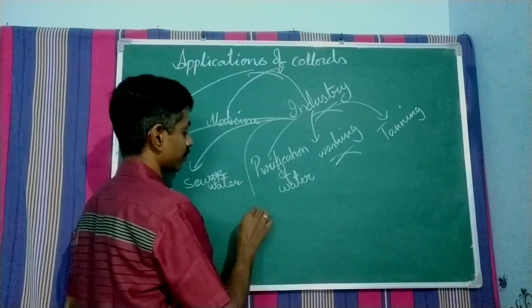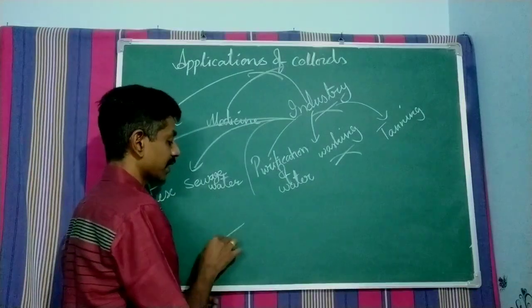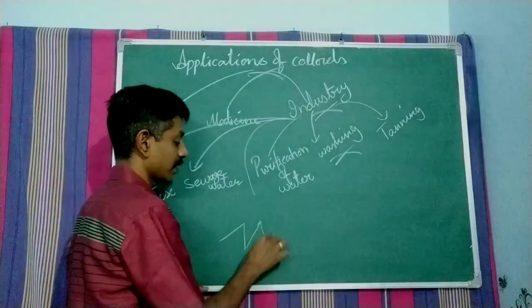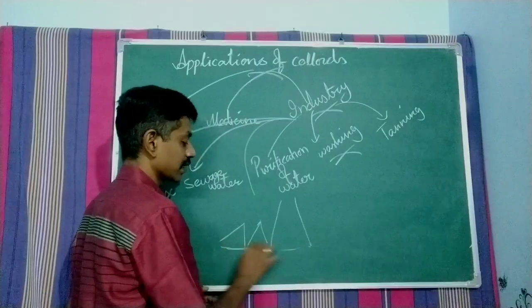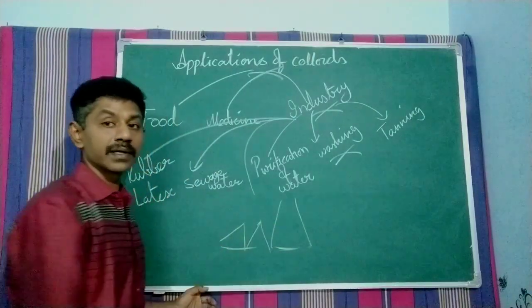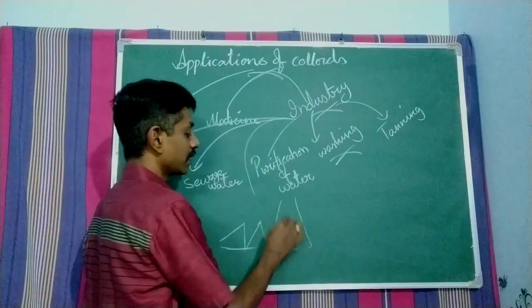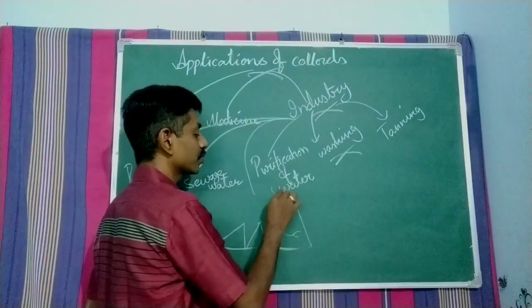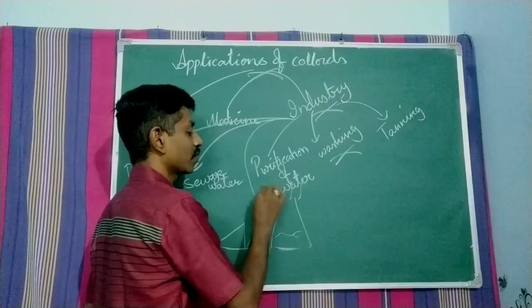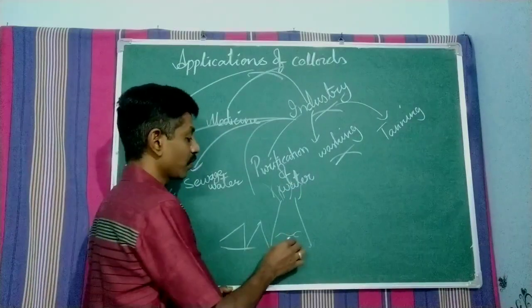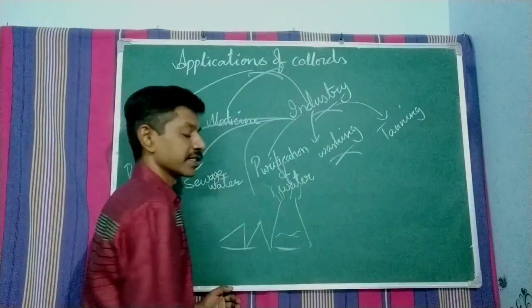Go for electrostatic precipitators. That means in all the industries and plants, for example, NLC, Neyveli Lignite Corporation, they burn the coal and produce a large amount of smoke. All the smoke particles will come out through these chimneys.